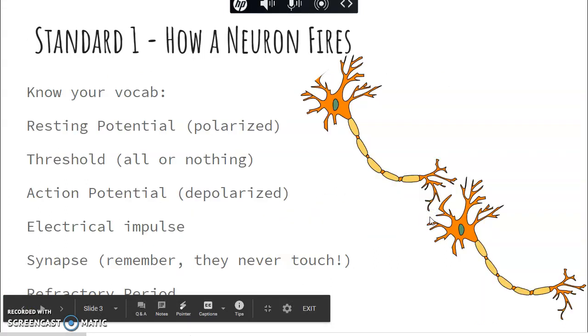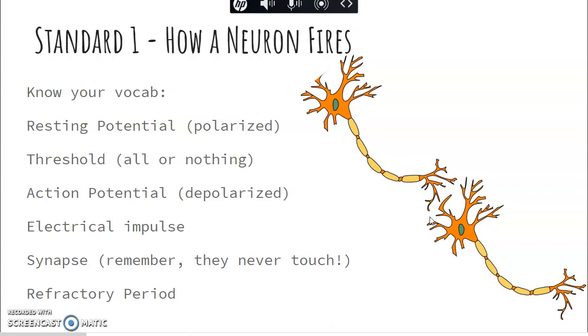All right, you got to know how the neuron fires. So here's two nice little neurons that can help us. All right, when the neuron's waiting to receive neurotransmitters, waiting for the signal, so the dendrites are waiting for neurotransmitters to bind to those receptor sites, it is at resting potential.